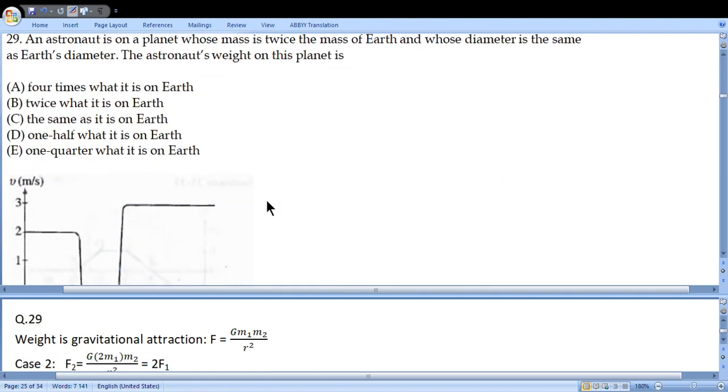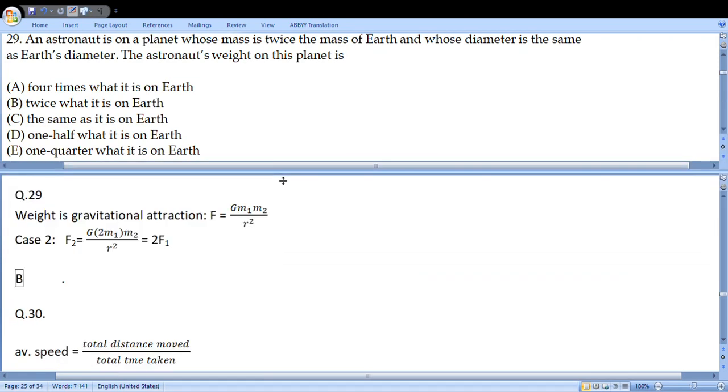29. An astronaut is on a planet whose mass is twice the mass of Earth and whose diameter is the same as Earth's diameter. The astronaut's weight on this planet is. Weight is gravitational attraction.